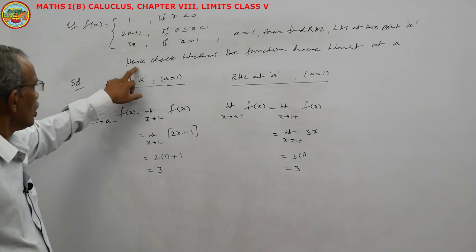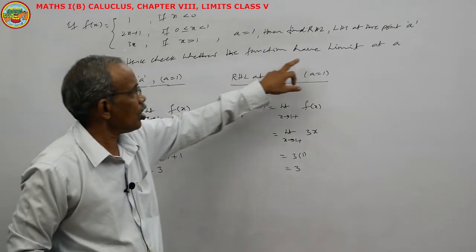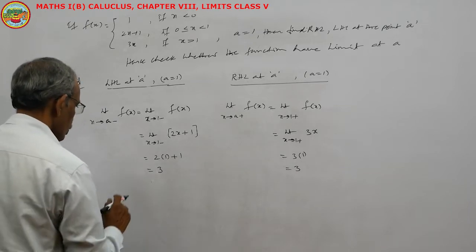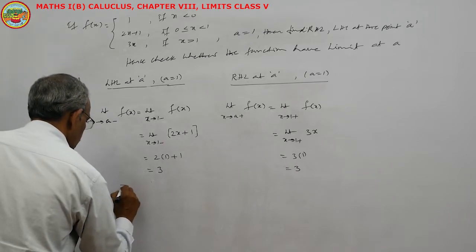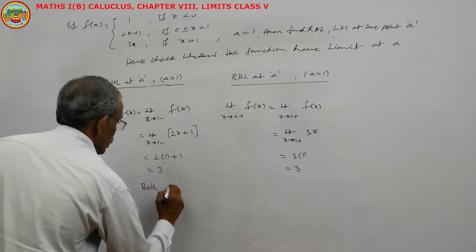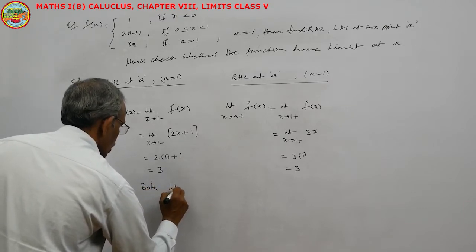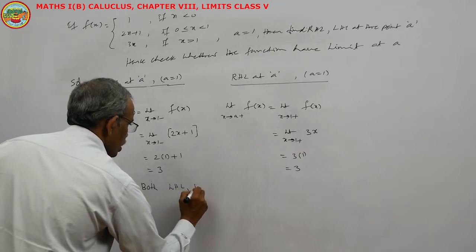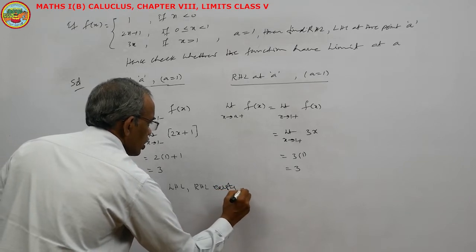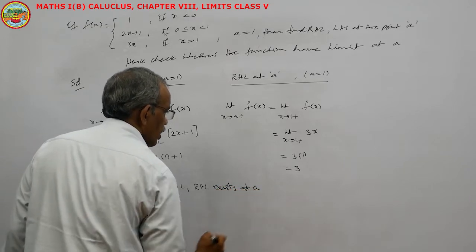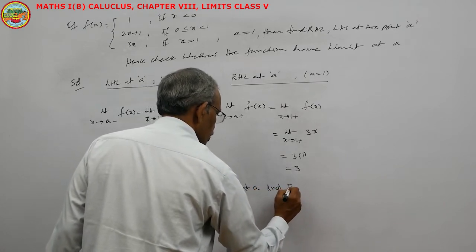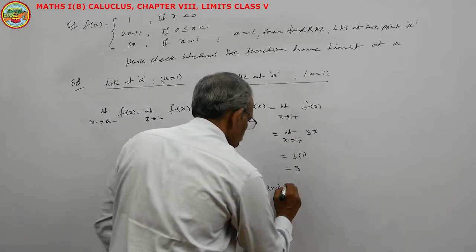Now check whether the function has a limit at A. Limit at A means limit at 1, which we have to find. That implies both LHL and RHL exist at A, and LHL is equal to RHL.